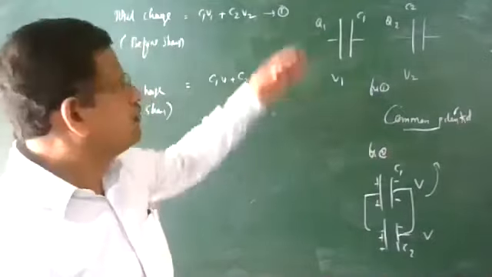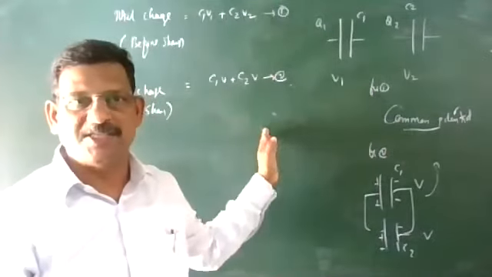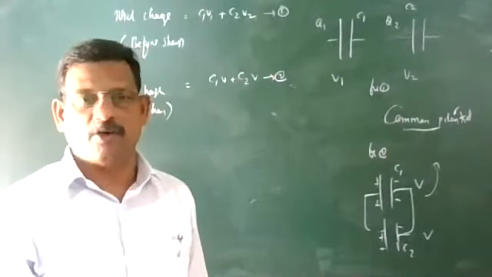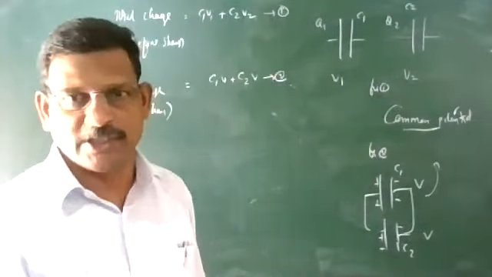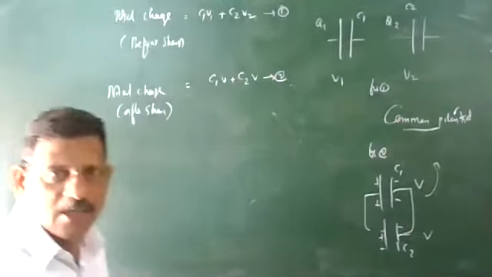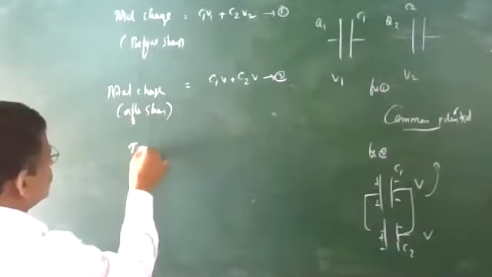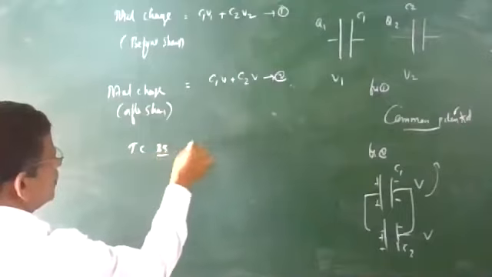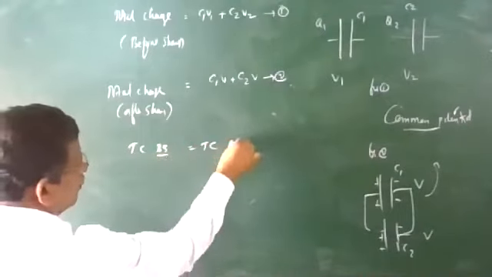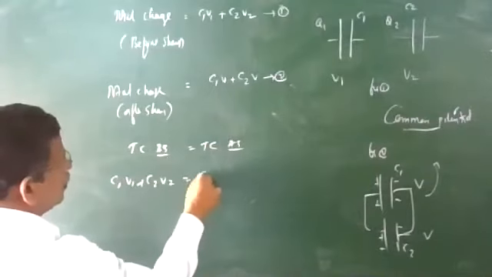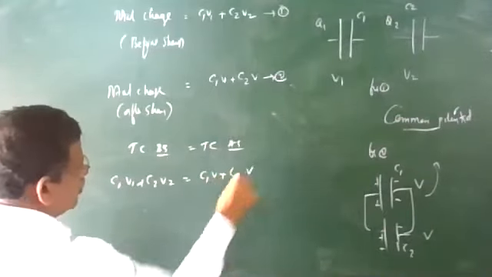So charge before sharing and after sharing, both are equal. Charge remains constant during this process. Of course, there will be a change in energy, wastage. But charge is conserved, no charge is lost during sharing. So total charge before sharing is equal to total charge after sharing. You can equate that: C1 V1 plus C2 V2 equals C1 V plus C2 V. One point of duality.